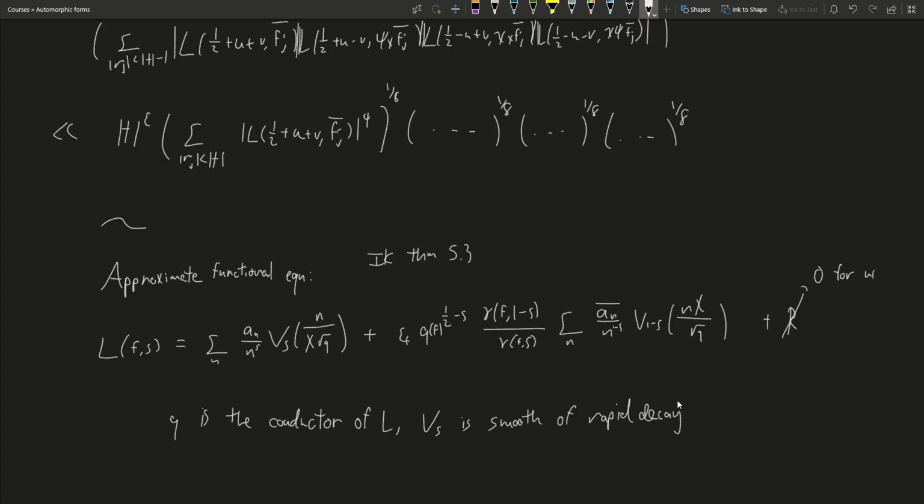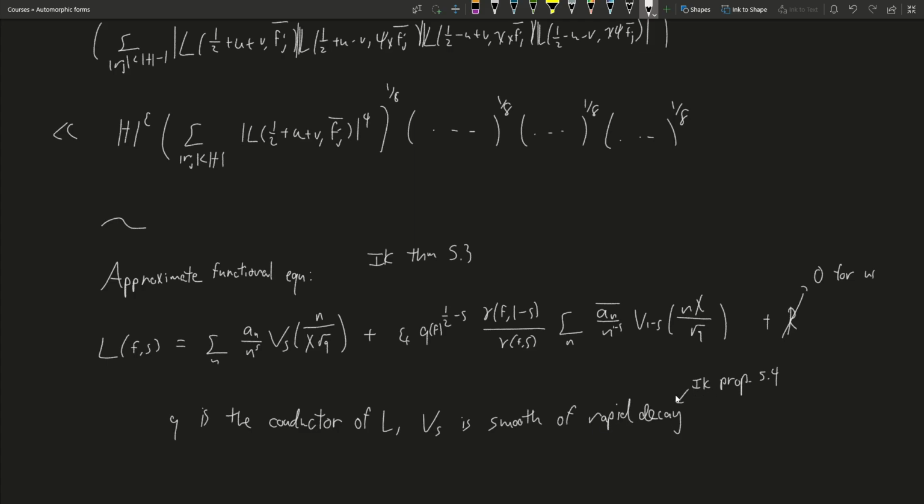If you want to know more about this, check Iwaniec-Kowalski, the next statement, proposition 5.4, which, when you care about things other than the t dependence, can be a little bit tricky. But if you care about only the t dependence, it decays extremely rapidly. You don't have to worry about it.